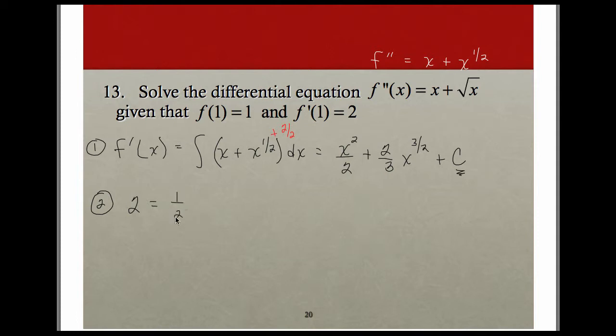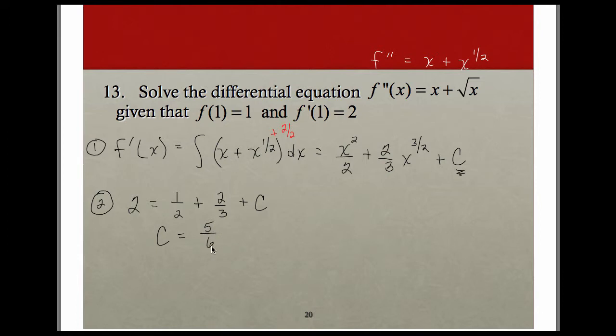So we got 1/2 plus, that becomes 2/3, plus c. Ooh, fractions, yay. So let's see, 1/2 plus 2/3. So that's, common denominators, that's fun stuff. You can do that on your calculator. I already know what the answer is. It's 5/6. Feel free to do that on your calculator.